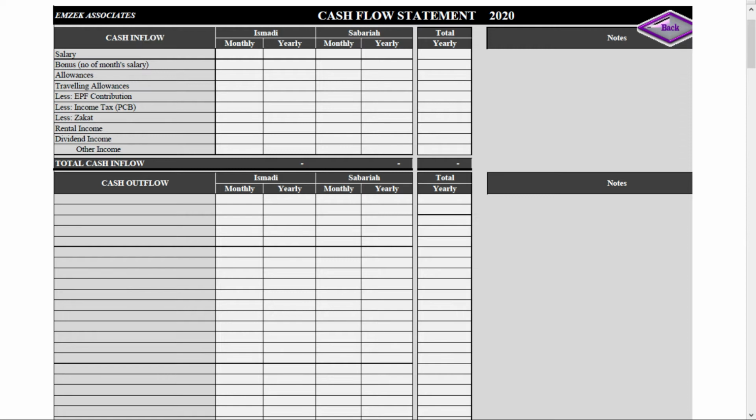Then we add the other incomes like rental, dividend income, sale commission, etc. With regard to dividend income, it is based on dividend of cash and cash equivalent. In this case, we take dividend on financial institution, which is saving and current account.